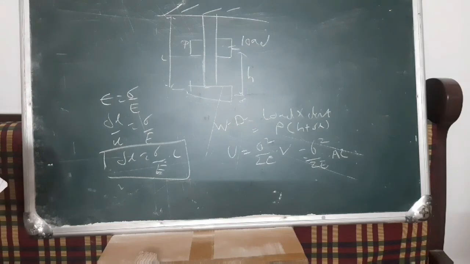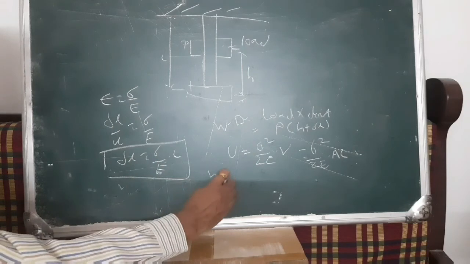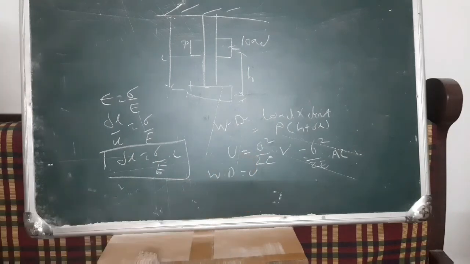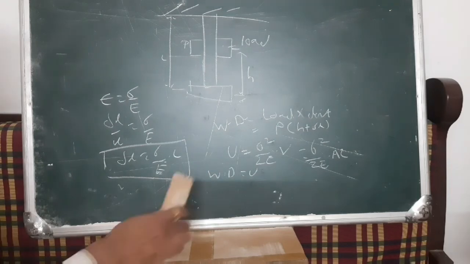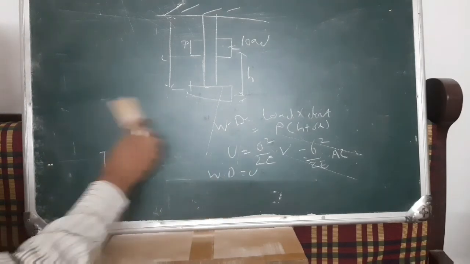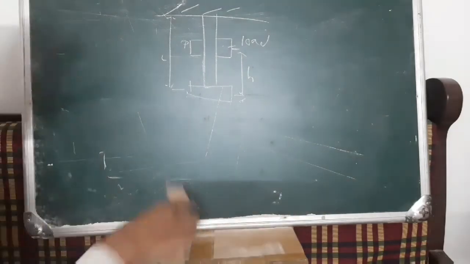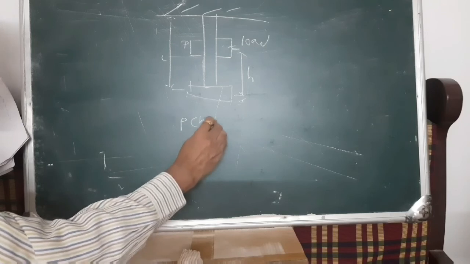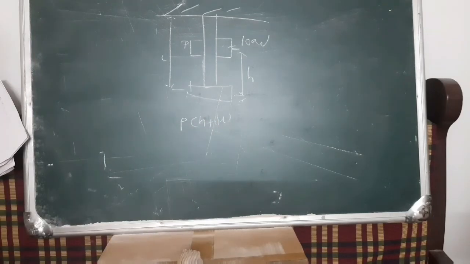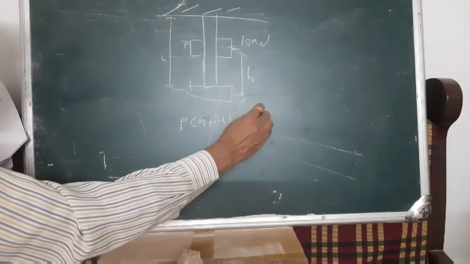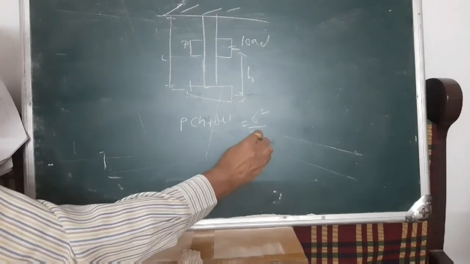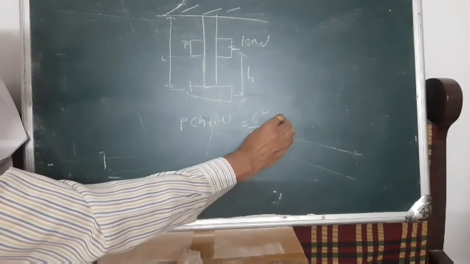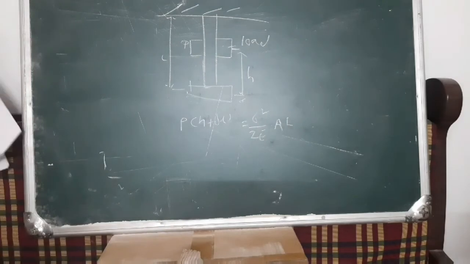Now if we equate work done to the strain energy, what do we get in that case? We have seen work done is P into (H plus delta L), which is equal to sigma square by 2E into A into L. The same equation we are equating here.